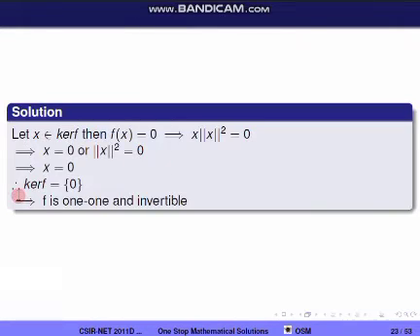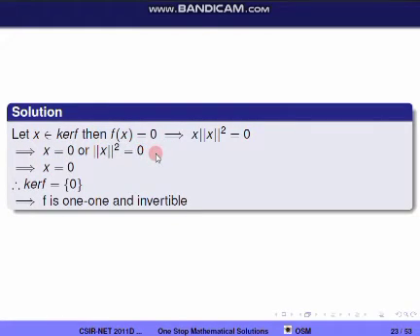The next option is asking whether f is 1-1 and invertible. So for that I am checking whether the kernel of f contains only the singleton 0. So I am taking an element x from the kernel of f. So this implies f of x is equal to 0. So f of x means here x into norm x square is equal to 0. So this implies x equal to 0 or norm x square equal to 0.